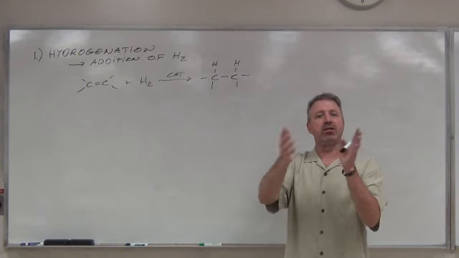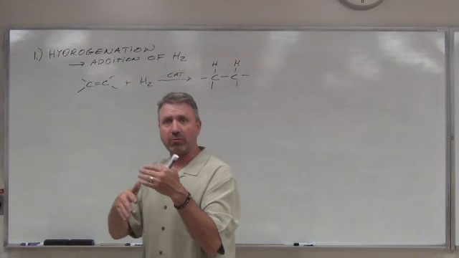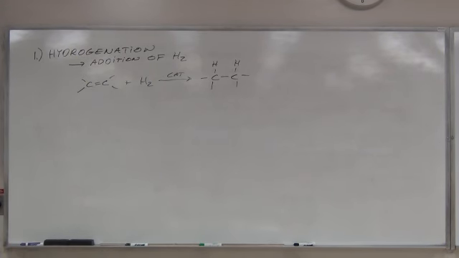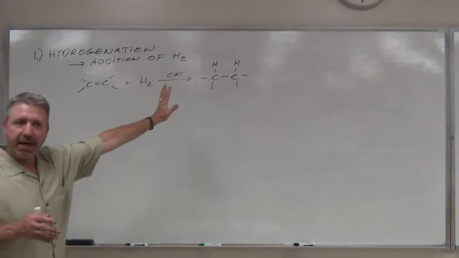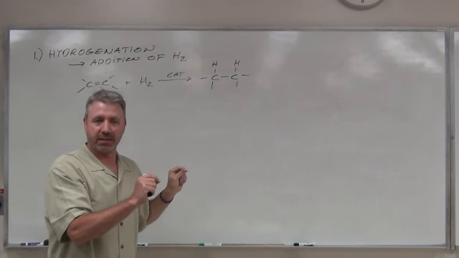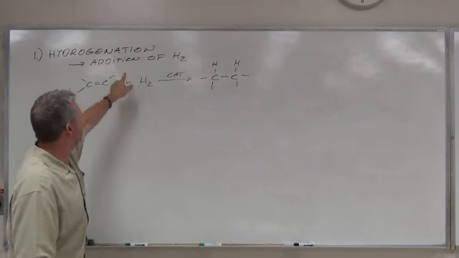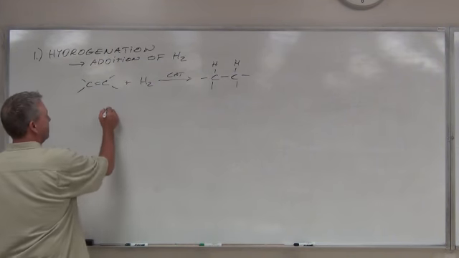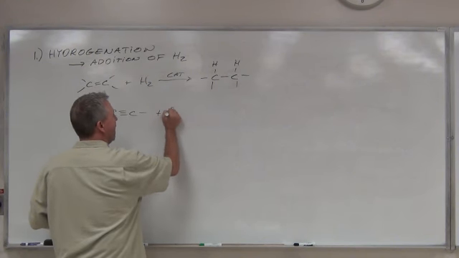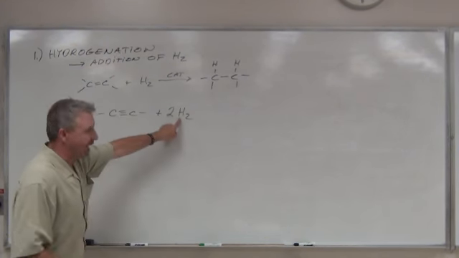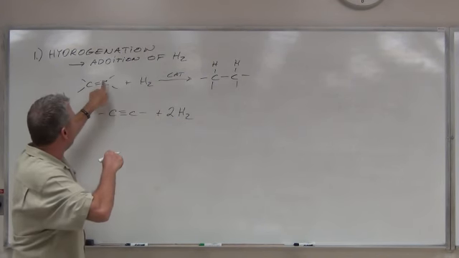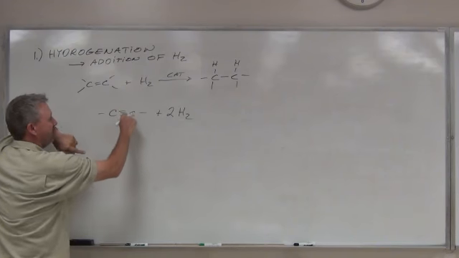Any reactions that jump across functional groups or classifications are important. Incidentally, anything we're doing here with alkenes can be done with alkynes. You can hydrogenate an alkyne. The only thing you have to do is add 2 moles of H2, because 1 H2 will break the bond, and you have 2 extra bonds here.